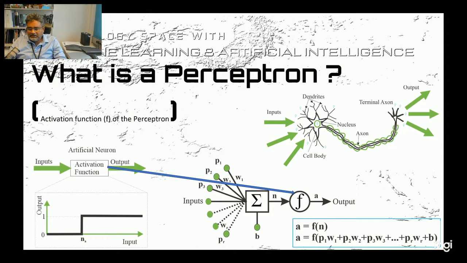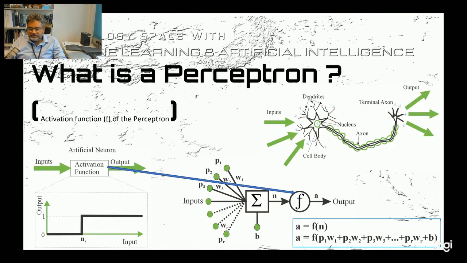And then the activation function. The activation function is represented by F. That means the summation of all the inputs multiplied by their respective weight factor plus the bias term will go through this activation function. So the N value goes through this activation function to give you the output A in this situation.